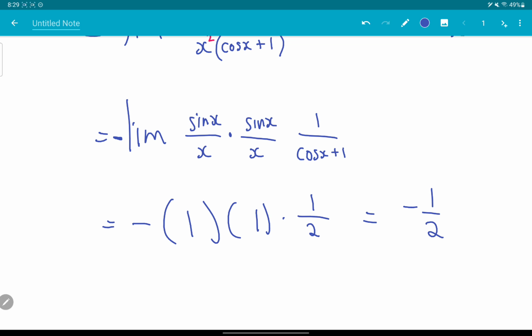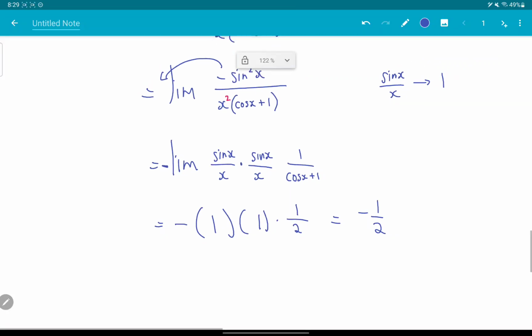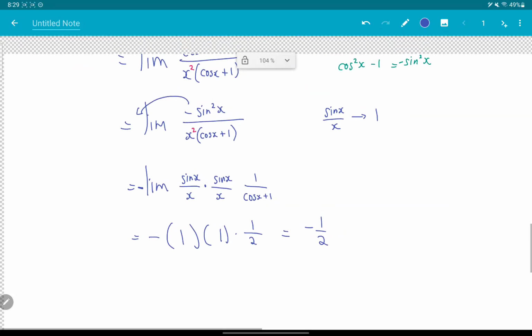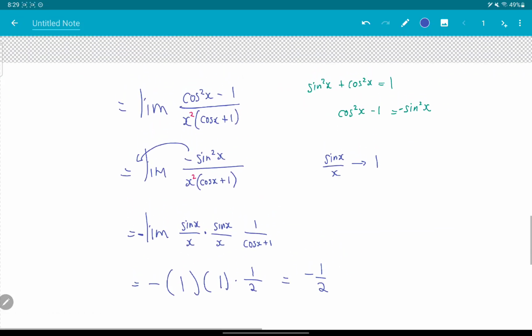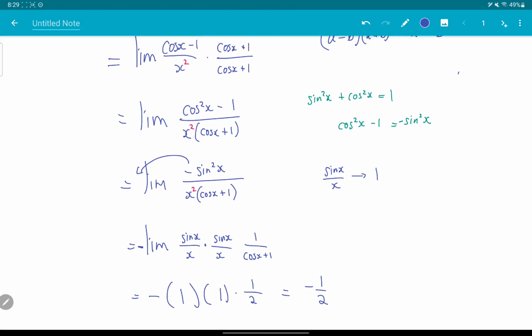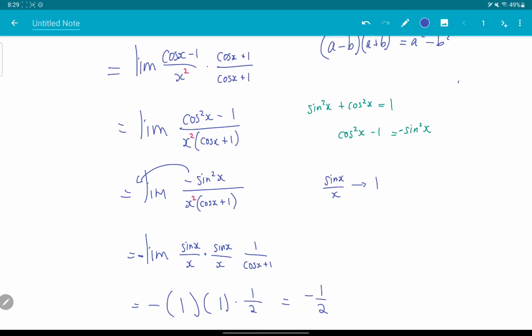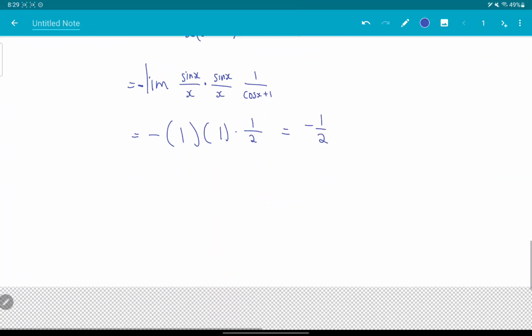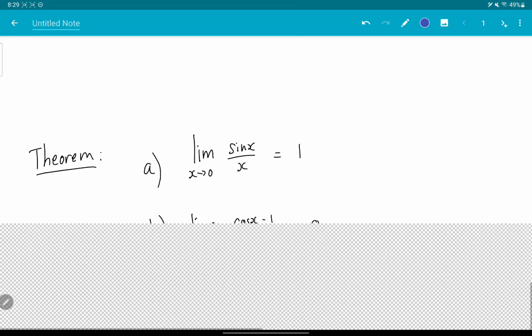All right, so that's a fancy little trick there. Doesn't come up very often, but it does come up here and there. So the trick was to multiply top and bottom by cos x plus 1. Now what I want you to do is to go back to this theorem.